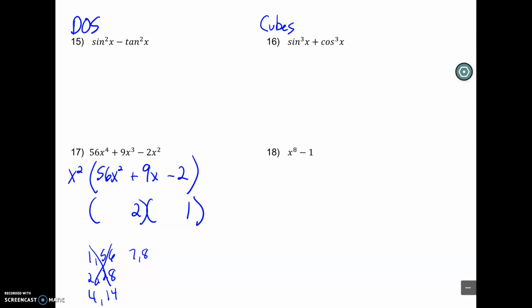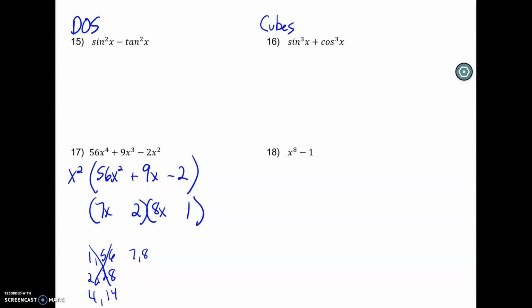So let's try 7 and 8. Let's try 7 here and 8 here. Okay. So what do we got? This is a 7x. And this is 16x. Okay, we're on to something because that subtracts to be 9. So this is going to work. I just need to make sure my signs are in the right spot. I need the 9 to be positive.